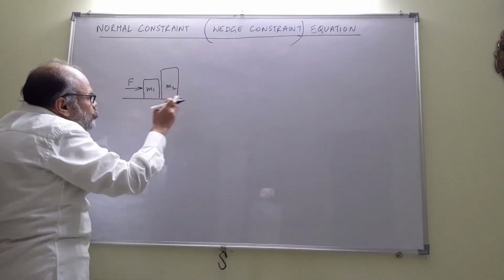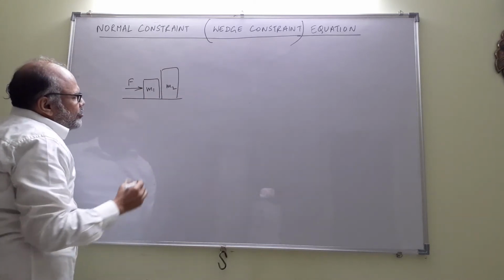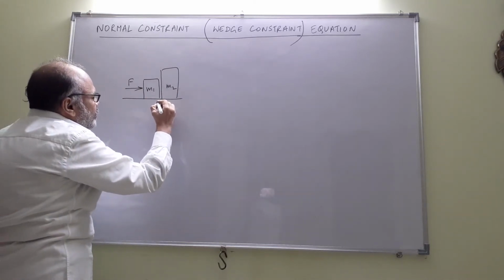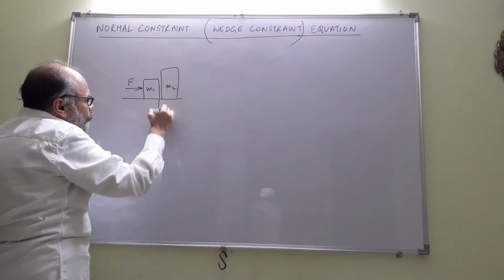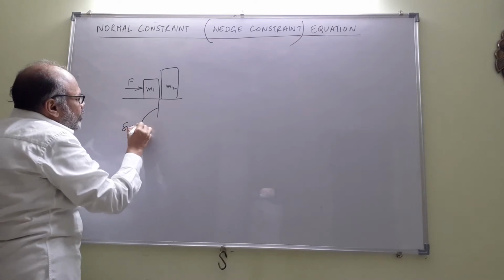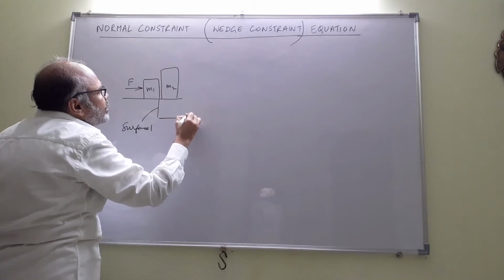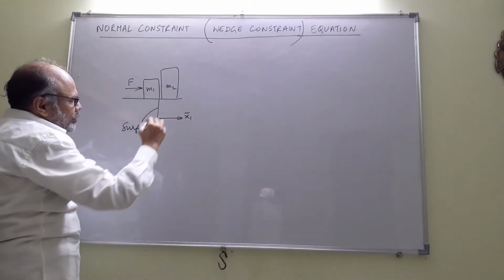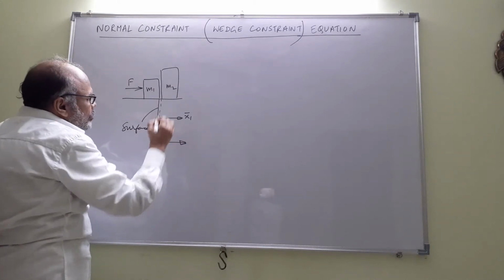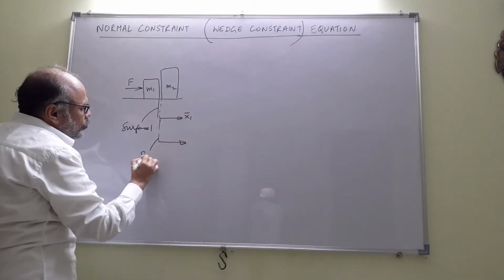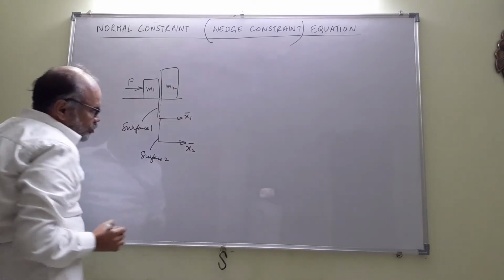Now, when we say these two bodies are moving together with a common velocity, let us try to understand what we mean by that. This surface of M1, if I call that surface 1, has a displacement x1, and this surface of M2, we will call surface 2, has a displacement of x2.